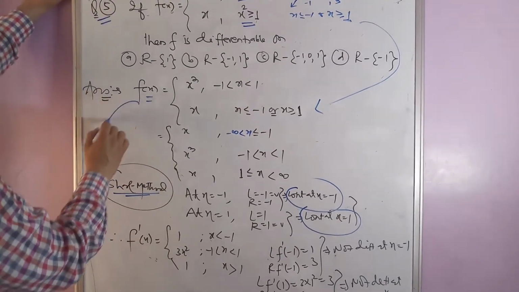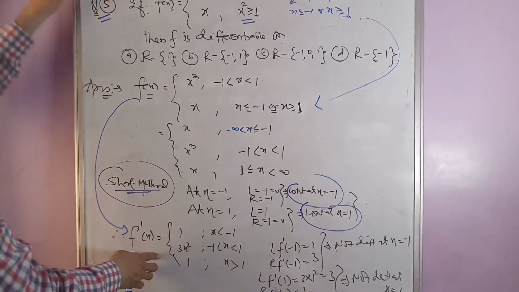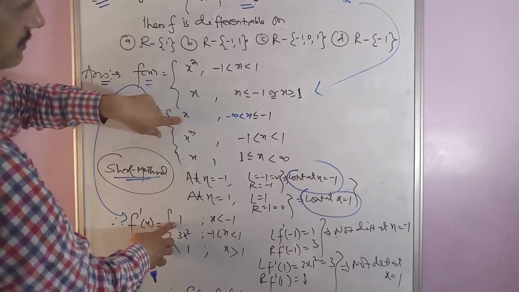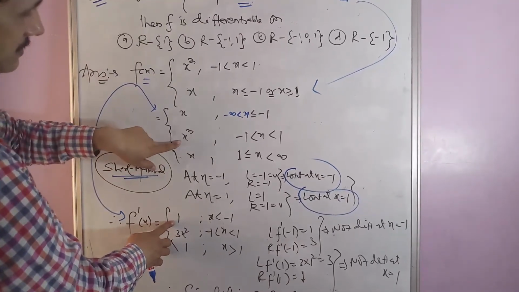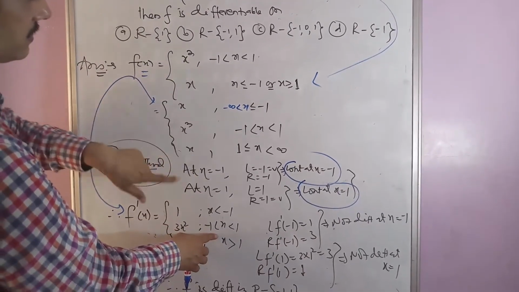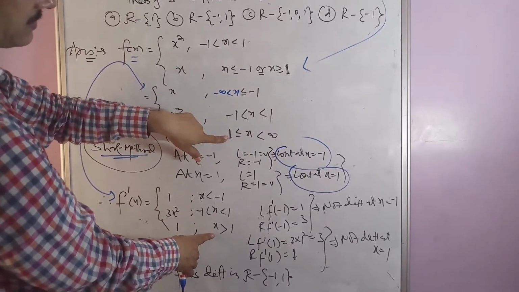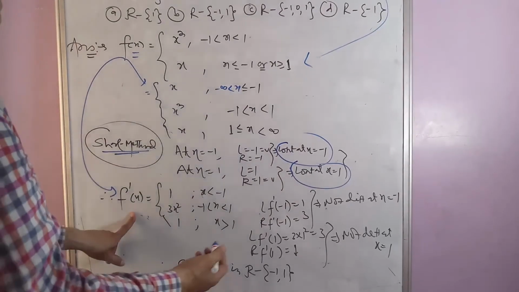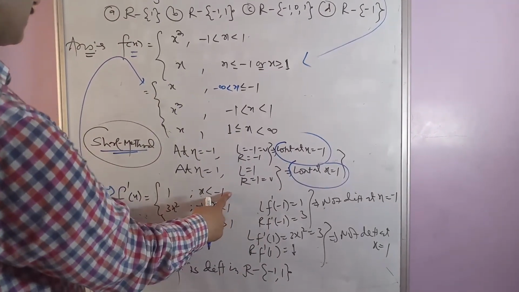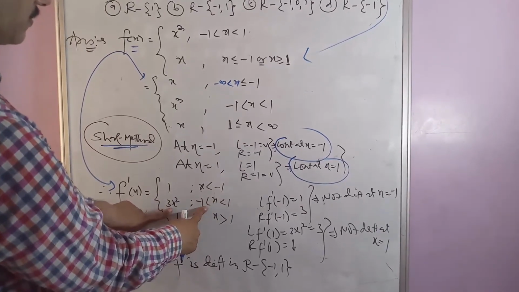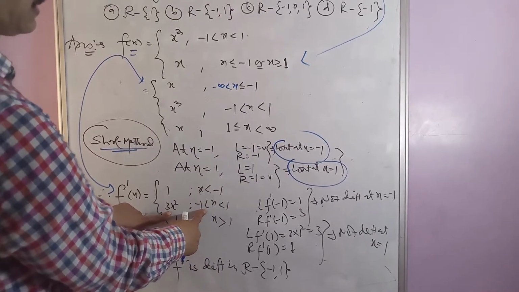We differentiate this function. f dash x is 1 for x less than minus 1, 3x square for x from minus 1 to 1, and again 1 when x greater than 1. Left hand derivative at minus 1 is 1, right hand derivative at minus 1 is 3 into minus 1 whole square, again 3.